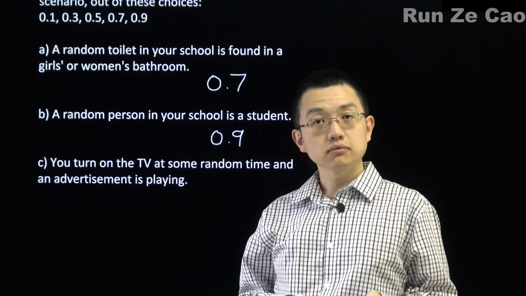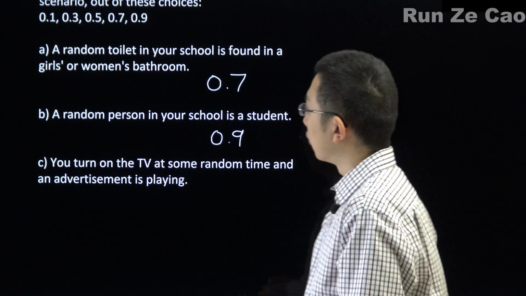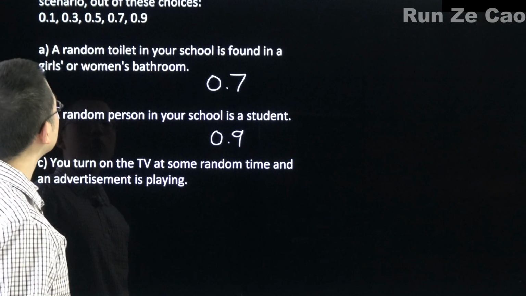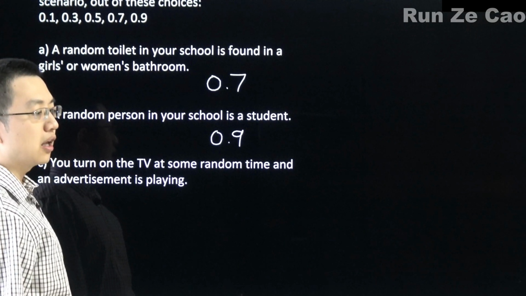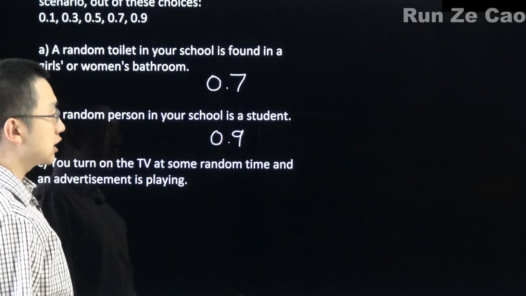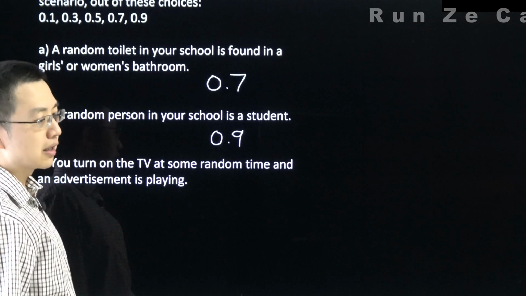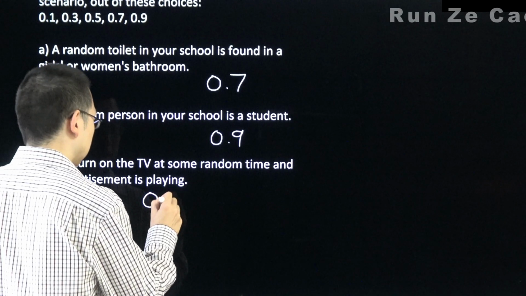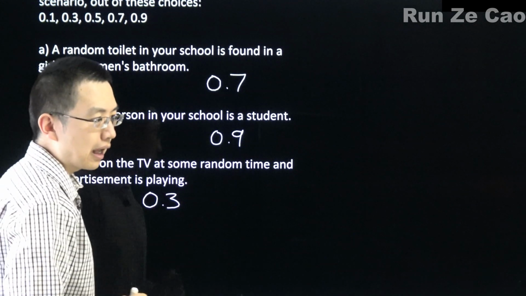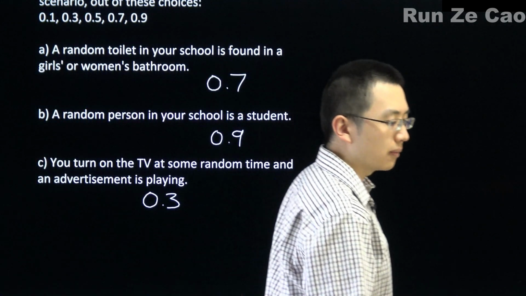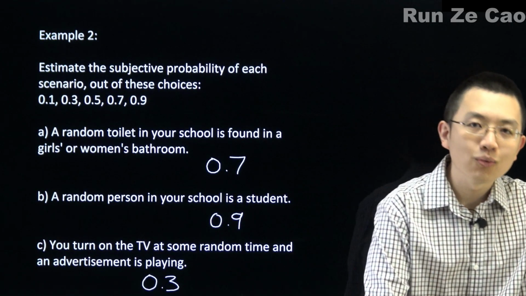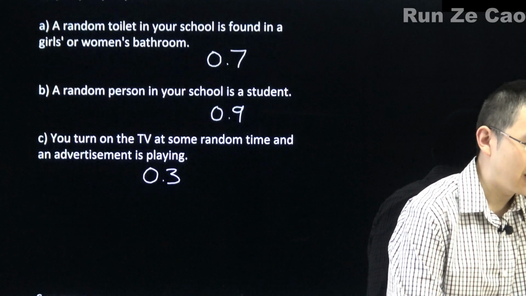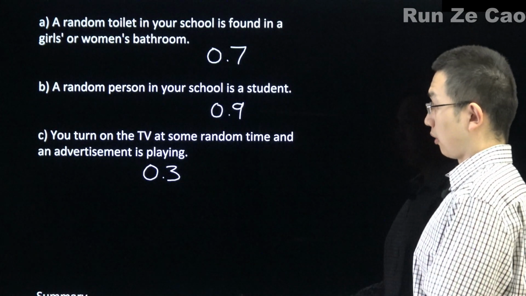So something like 6 minutes or more of advertisements. 6 minutes out of 30 minutes is actually 0.2, but it's pretty easy for many channels to have advertisements playing a little bit more than that. So saying 0.3 is not unreasonable, as long as you can rationalize your subjective probability in a way that your teachers can accept, and it's reasonably close to what others can come up with, well, then you're probably fine.